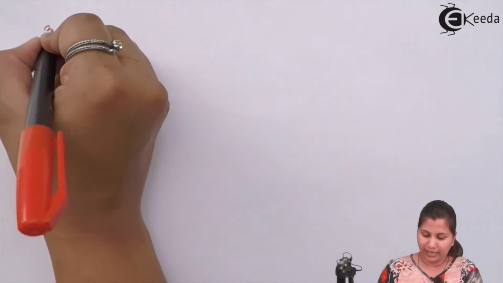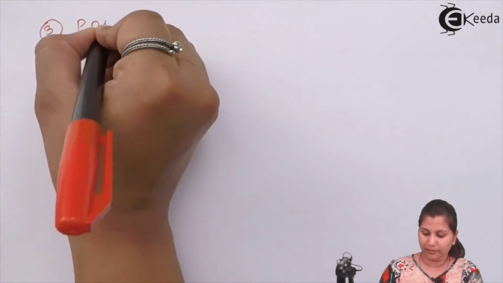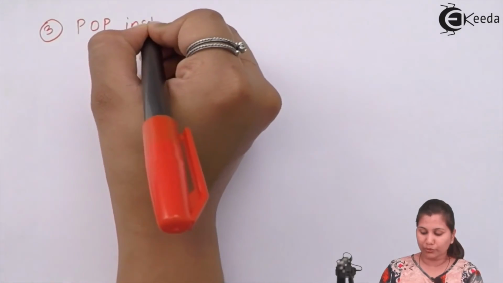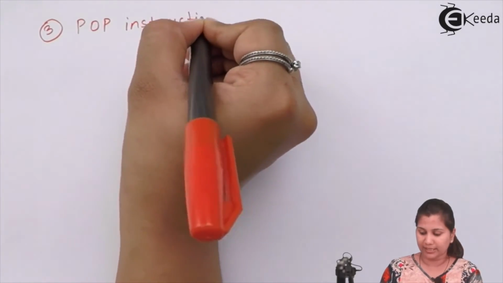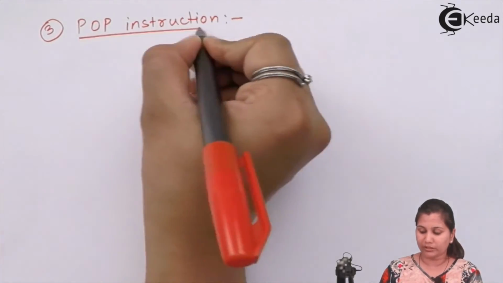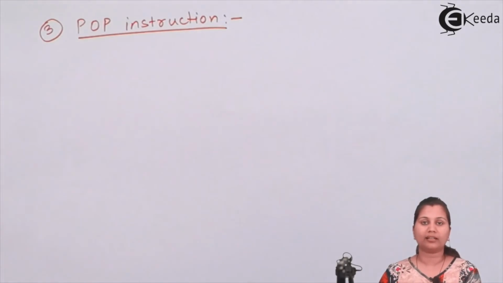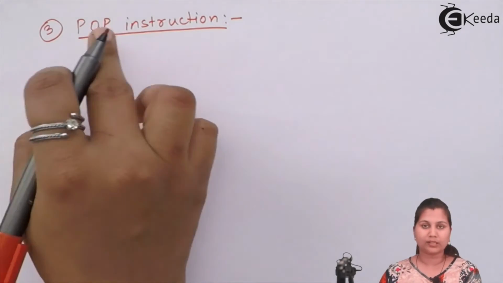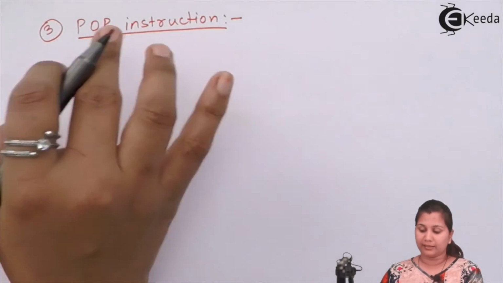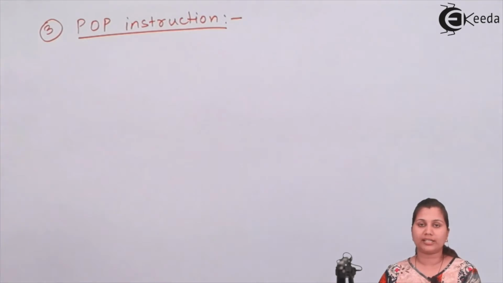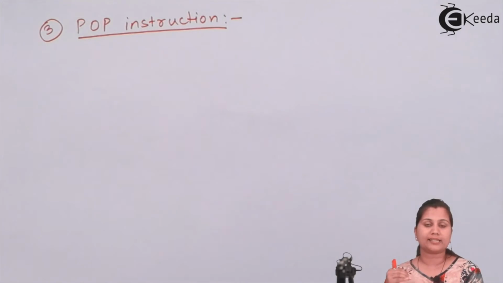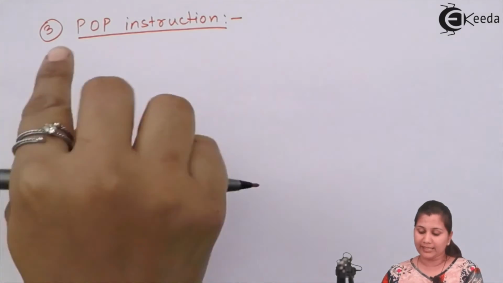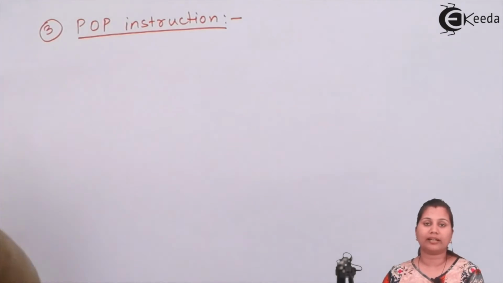Next instruction we have is pop. Pop instruction is used to retrieve the data from the stack. So whenever we want to get the contents of the stack, we use the pop instruction. The execution of this instruction is similar to the push instruction, but in the case of the push instruction, the address is decremented by 2, whereas in the case of the pop instruction, the address is incremented by 2.